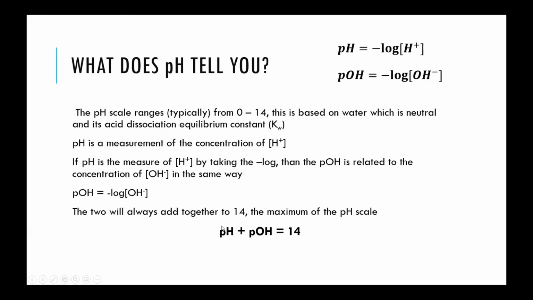When you add the pH plus the pOH, that gives you 14. Again, this is based on the dissociation equilibrium constant of water. So if you have the pH, you have the pOH, and from the pH you can determine the concentration of acid, and from the pOH you can determine the concentration of base.